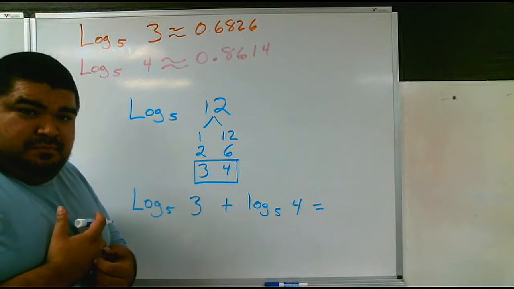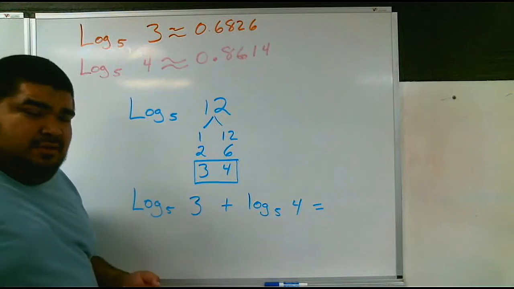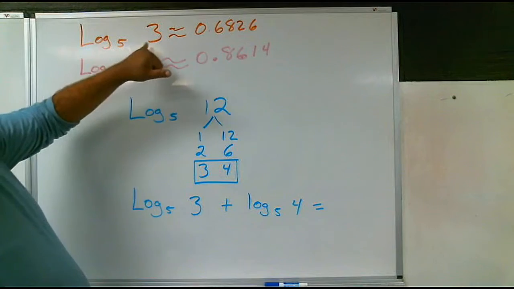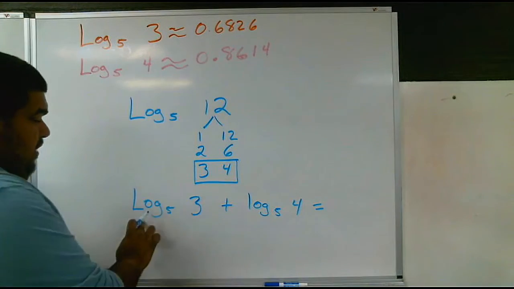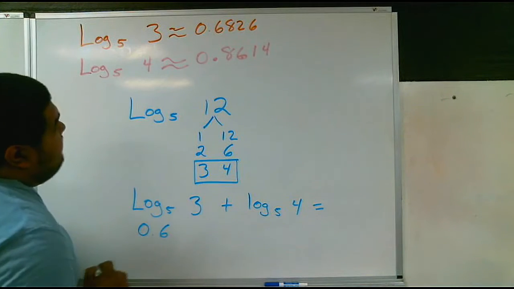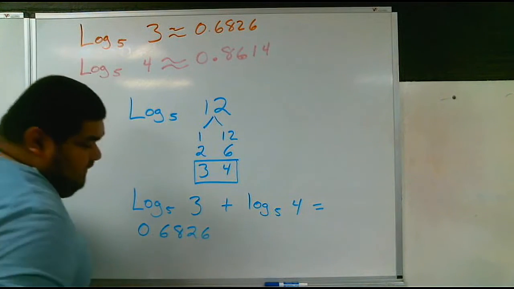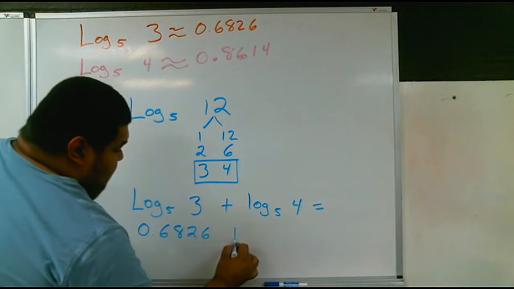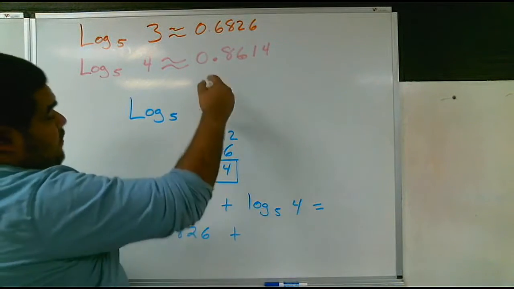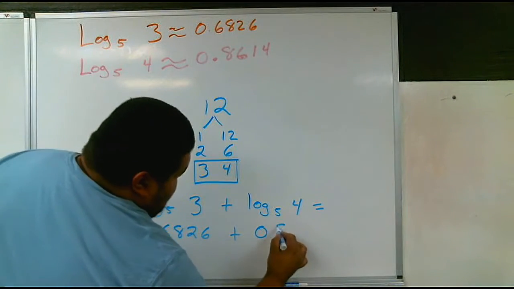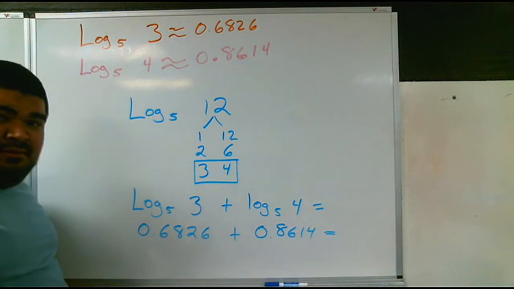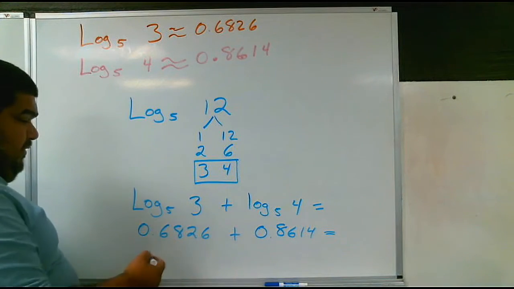Equals, well, you might ask yourself, how do we know what the answers are? Remember, it was already given to us. Log base 5 of 3 is approximately 0.6826 plus, we also already have log base 5 of 4, which is 0.8614. So we can actually add them up. I'm going to do it the old-fashioned way without the calculator.